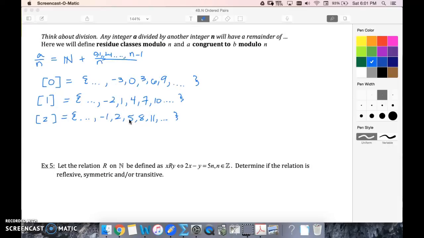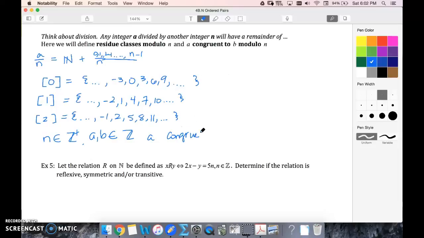Okay, so let's go ahead and define A congruent to B modulo n. And what that is, we've got n is going to be an element of positive integers. We wouldn't want to say natural numbers because we're not including 0. So n is an element of positive integers. A and B are elements of integers. So we say that A is congruent to B modulo n.